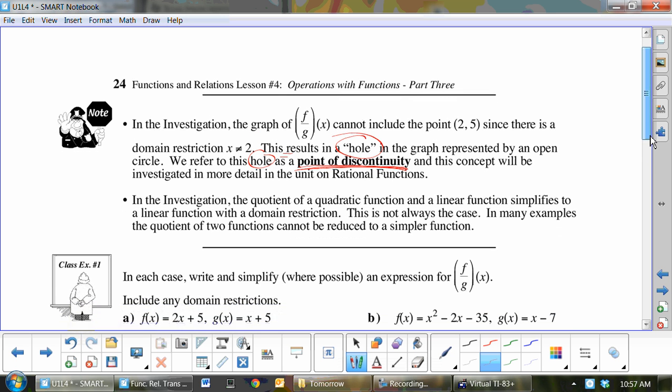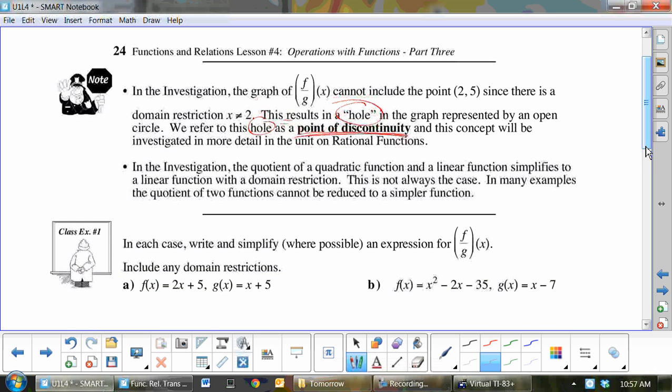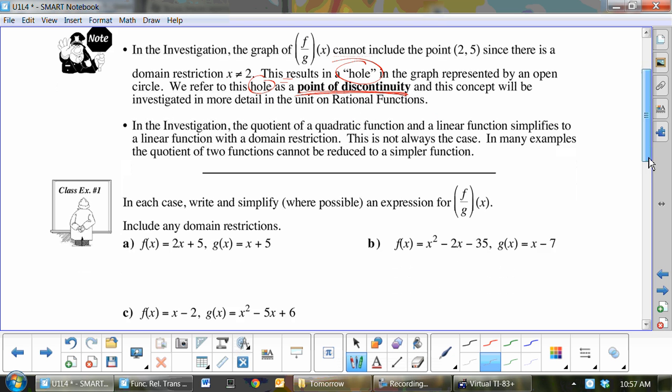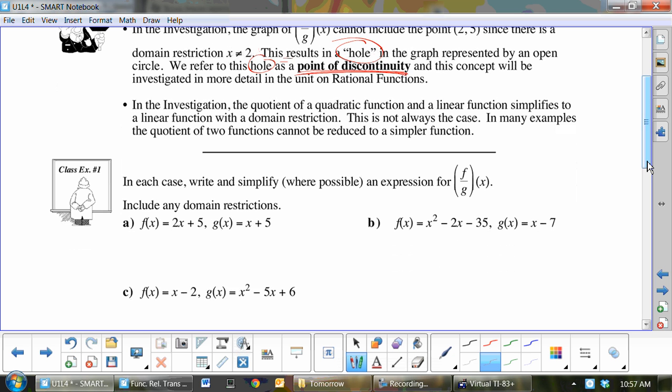Good thing to have on a study sheet. Because you'll be surprised, if I don't talk about point of discontinuity for the rest of the semester, and then when I give you a practice diploma and they say find the point of discontinuity, you can say, what? We never did that. I'd say, well, look at your study sheet, and there it'll be, point of discontinuity. Otherwise, you're flipping through your book trying to find that one page, right?